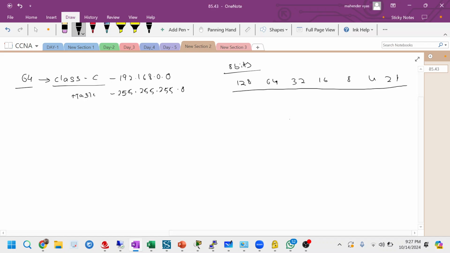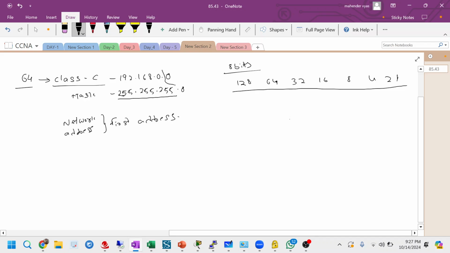See, first we'll say how we'll do it. What is the network address if you don't do any changes? By default, what is the first address? That we will call the network address. Whenever you see all ones, write as it is.